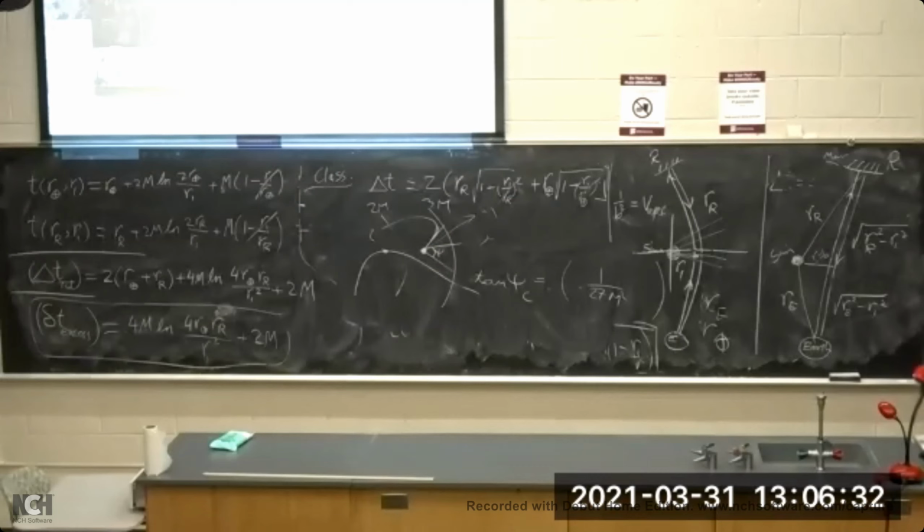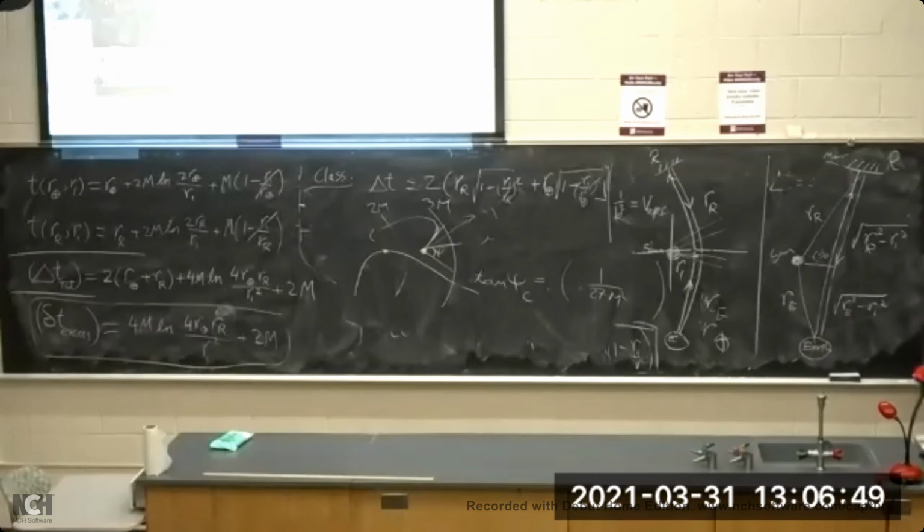I guess my question is, if it's smaller than 2m, then it falls into the black hole, or into the mass. But can the spacetime be distorted enough such that that's the geodesic that it travels while still being outside of that 2m radius?